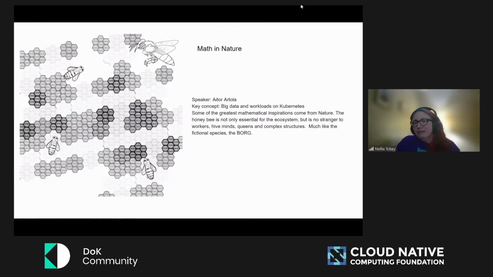Math and nature, the fern, the Fibonacci sequences I was talking about. Oh, there's math everywhere. So for big data and workloads, bees were the natural thing to pick, because not only do they have a complex little family working ecosystem, they're a large part of our whole planet's ecosystem, right? They built these hives, these pentagon shapes, and they've got workers, drones, a queen.